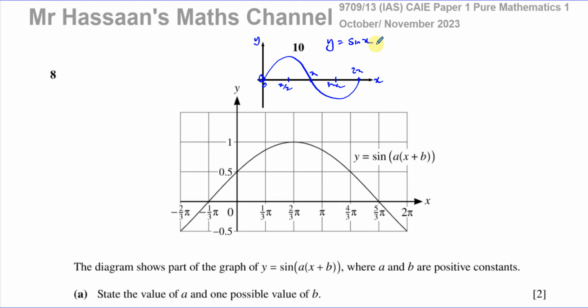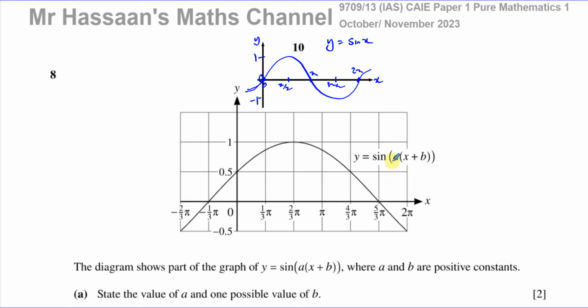Now the transformation that has taken place has caused it to look something like this. Of course, this would continue on this side as well, as the pattern would continue. We can see here that this would be 1, that would be minus 1. If we compare sine x to sine of a times (x plus b), we can see that the part outside the function has not changed.